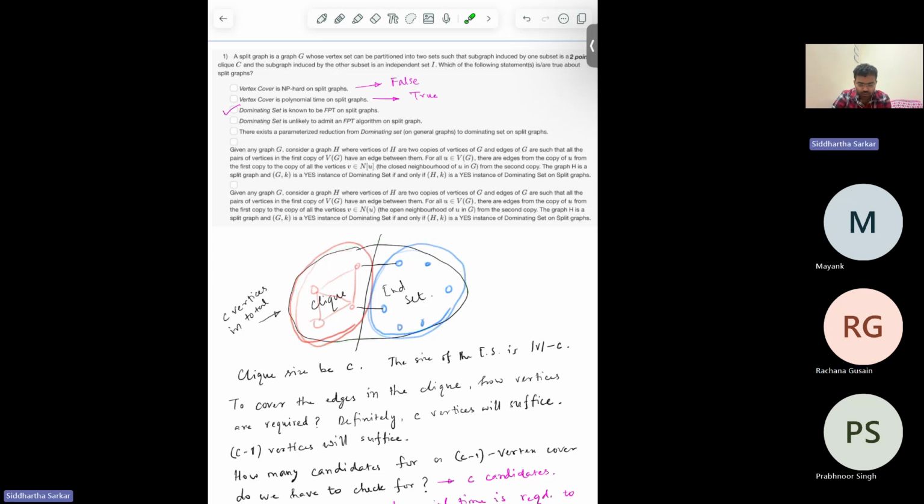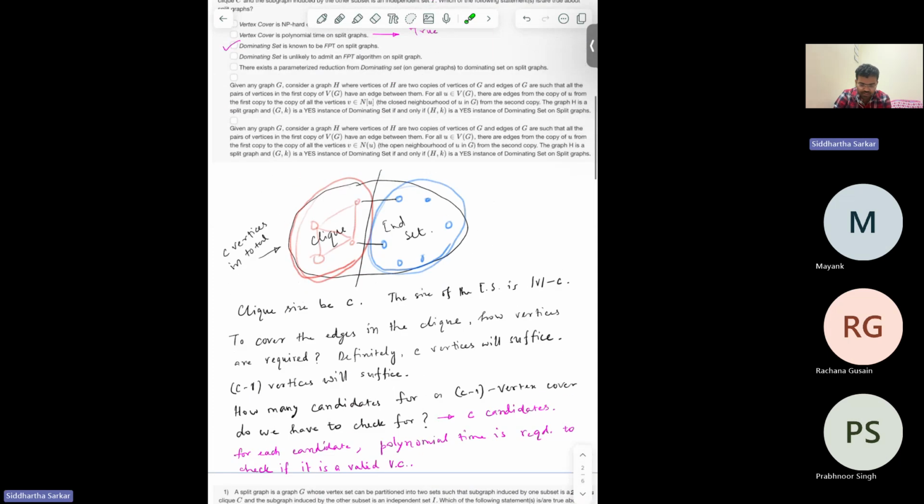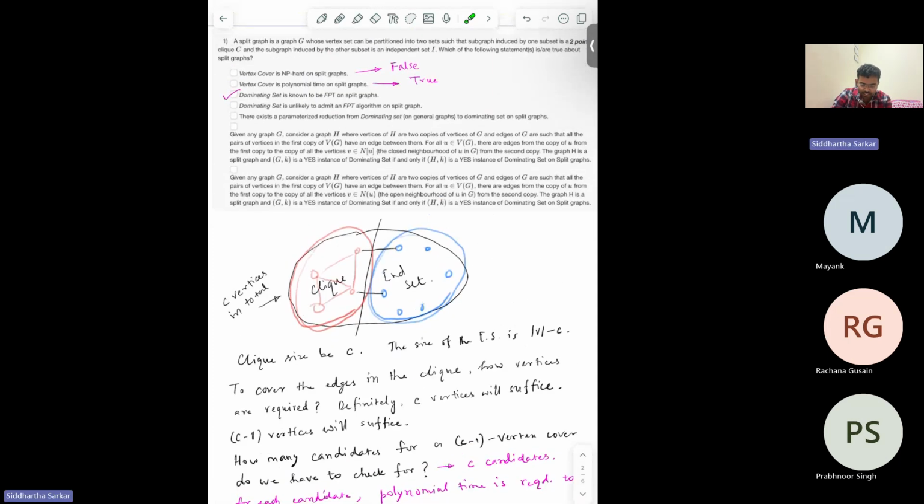So we know that the dominating set on general graphs is W2 hard. So that means in layman's words that no fixed parameter tractable algorithm is expected for dominating set on general graphs. So that means an algorithm that runs in f of k times n to the power constant time is not expected, where k is the size of the dominating set.